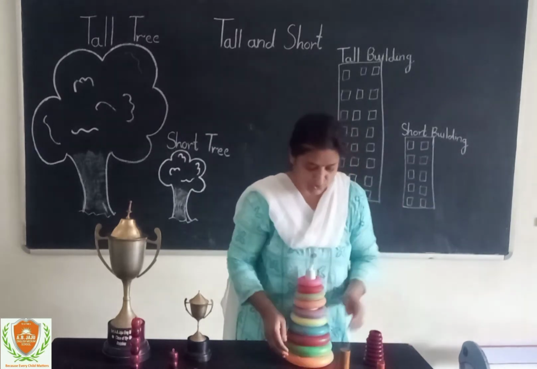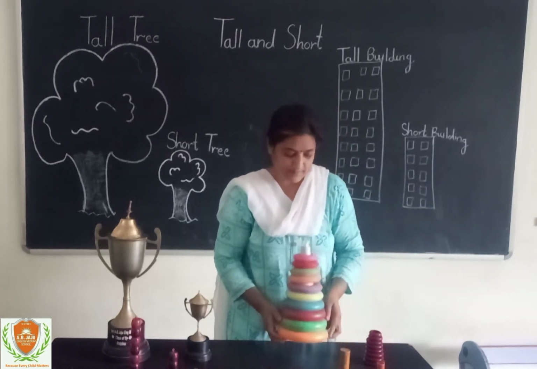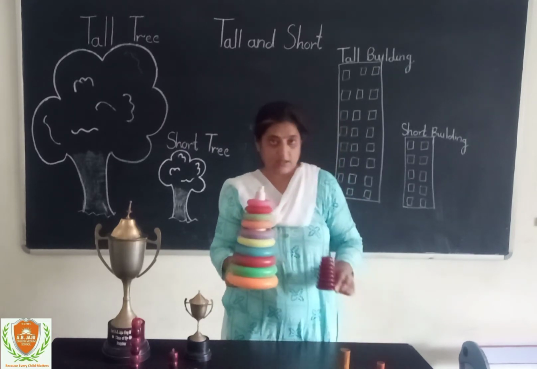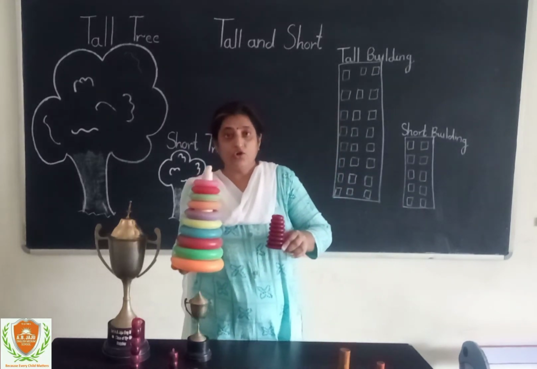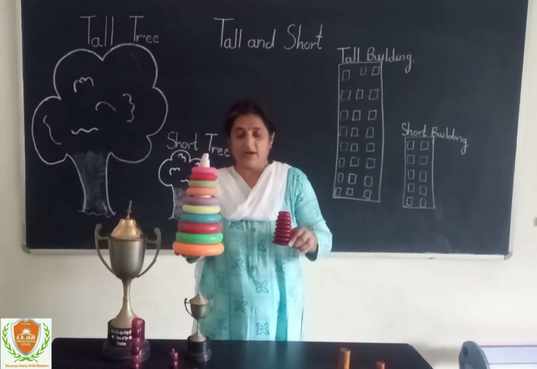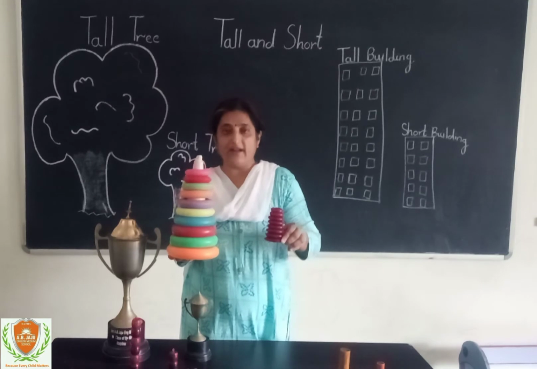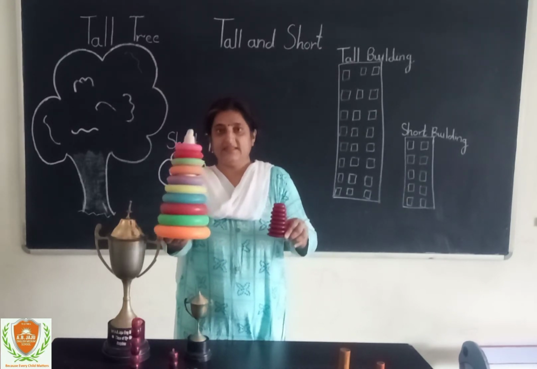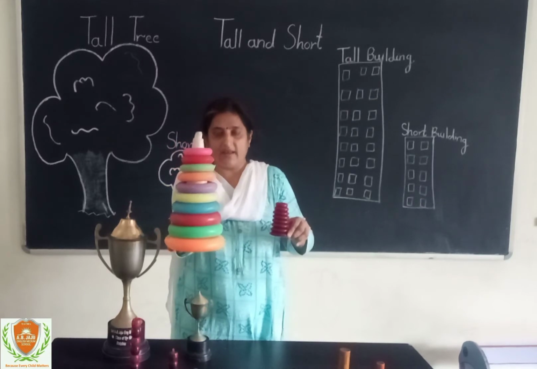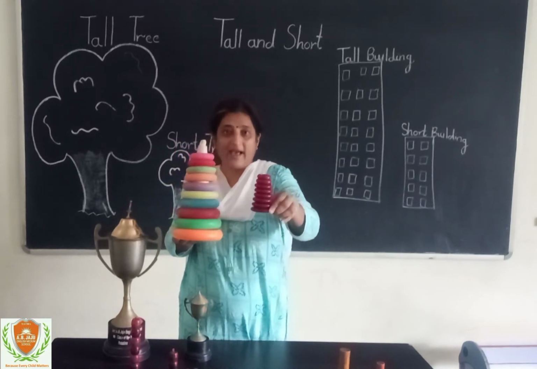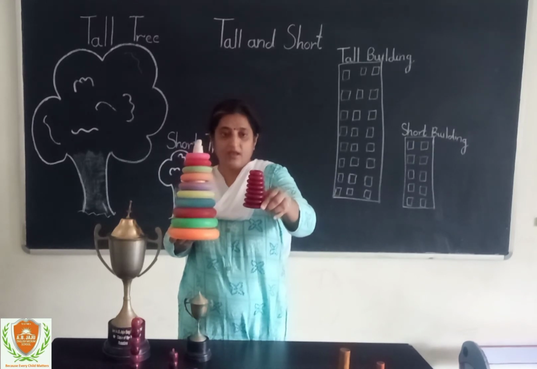Now I will show you the last example. These are toy rings. Okay. Now students, you tell me which is tall and which is short. Yes, this is the tall ring and this is the short ring. Why is this short?